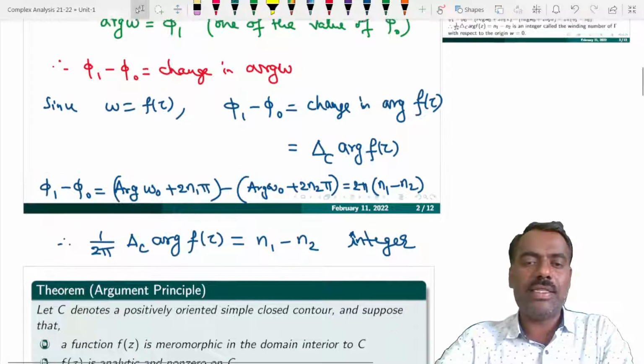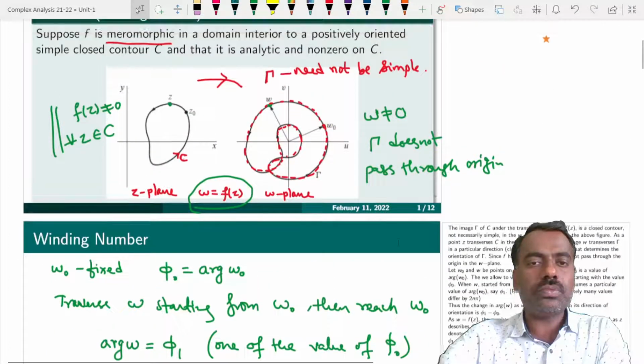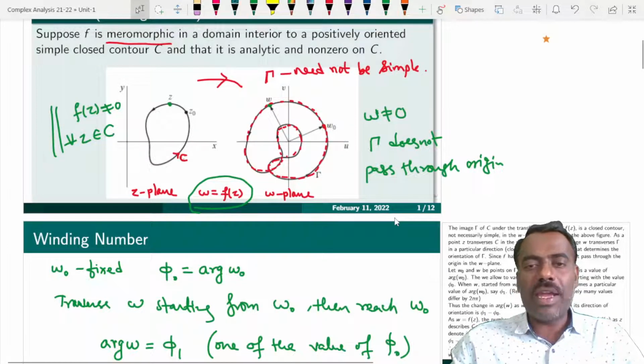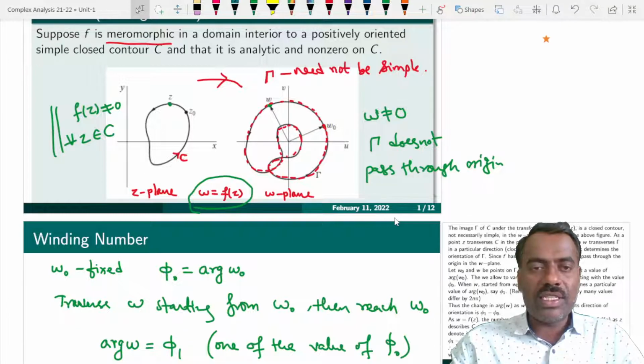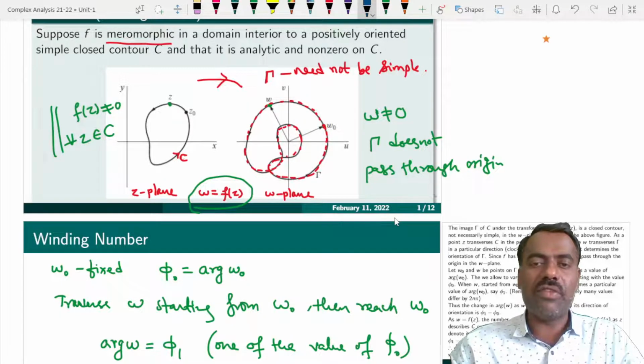So what is this winding number? You start from any point z0 and traverse along this curve, and take its image under the map W equals f of z.